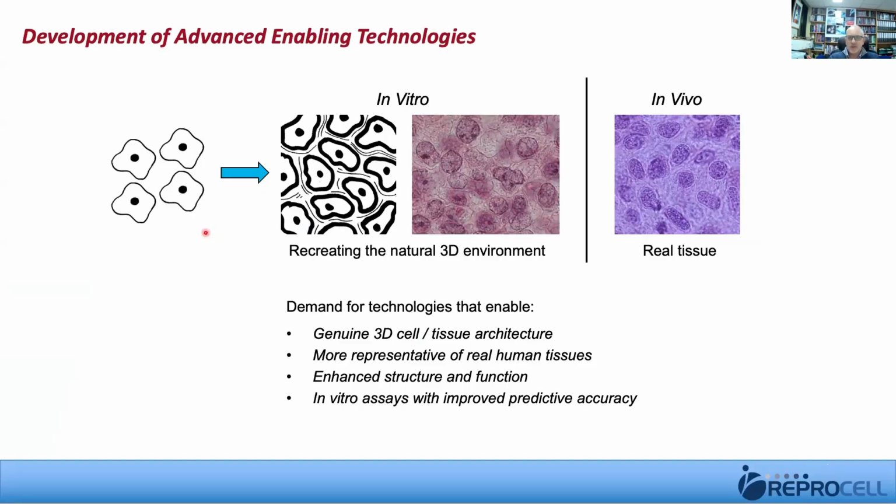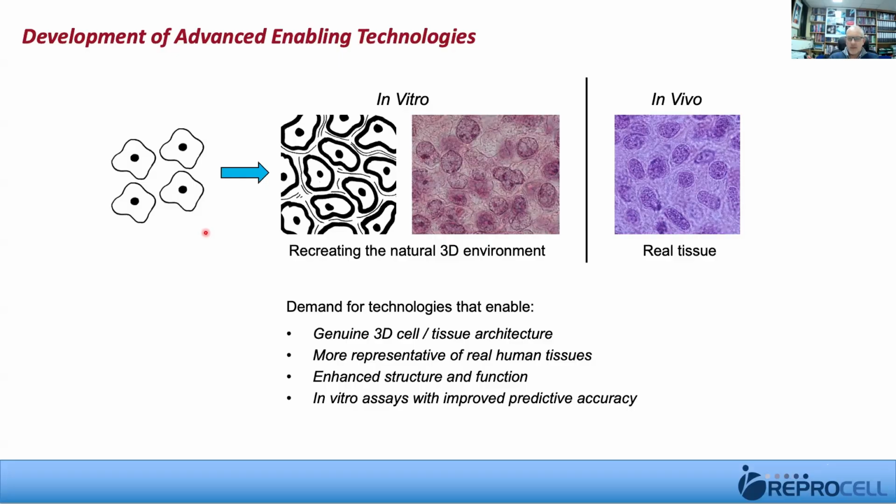Okay, so we specialize in the development of enabling technologies that improve the growth of cells in vitro, with the aim of recreating a more natural three-dimensional environment to enable us to simulate the generation of real tissue, so tissue equivalents.